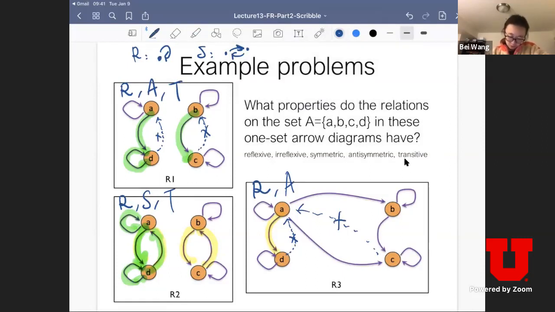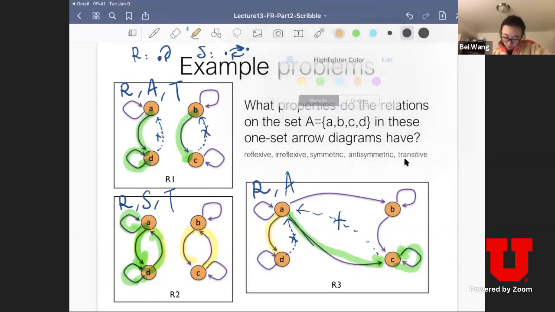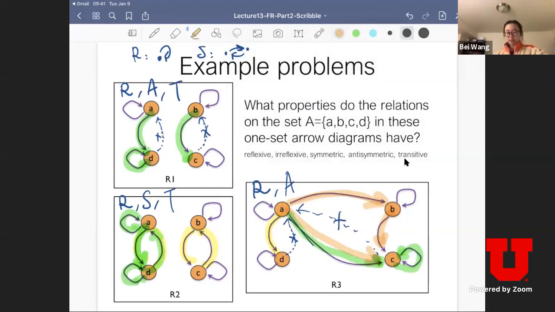Whenever A goes to C, C goes to C, then A goes to C. When A goes to B, B goes to C, A goes to C. So no matter how I check, again, I have a transitive relation.